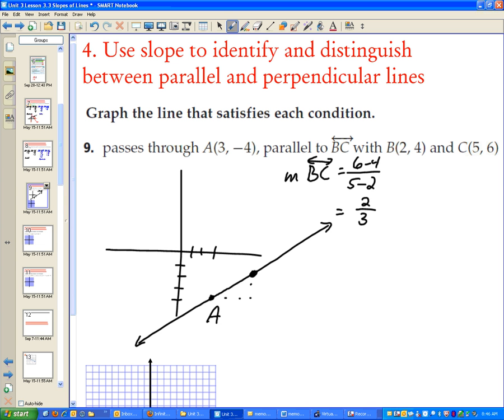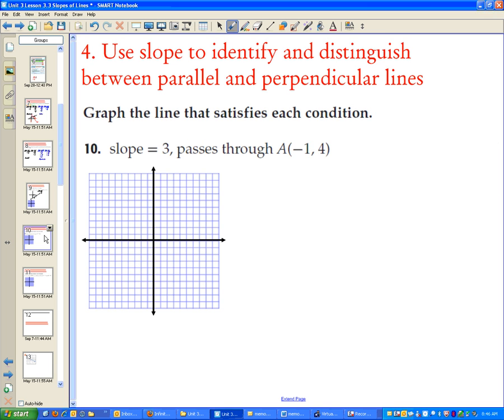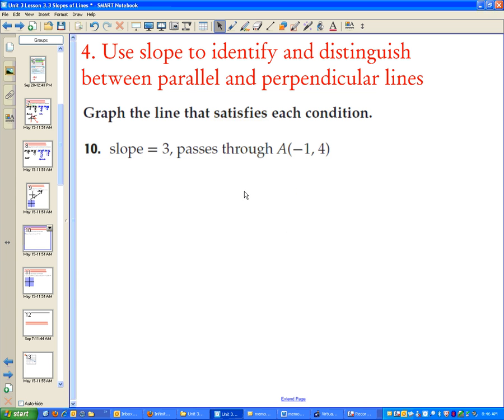All right, let's do number 10. The slope equals 3, and it passes through the point -1, 4. Well, they've told us everything we need to know, haven't they? So we don't have to find anything. Maybe we need to think of this. When the slope is 3, what's the denominator of 3? It's 1. So the A is -1, 4.